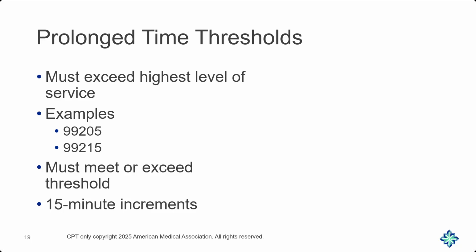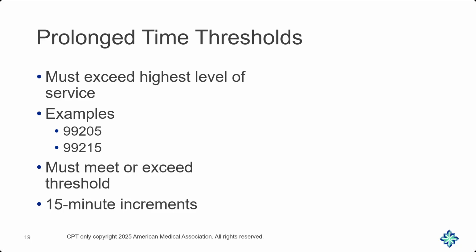Now, prolonged care codes do have time thresholds that do need to be adhered to. So in order to bill prolonged care codes, you must exceed the time allotted for that highest level of code. And we've mentioned that the 205, that's going to be 60 minutes must be met or exceeded. So for the 205 code, you have to get to 60 minutes before you can start considering the ability to bill for a prolonged code.